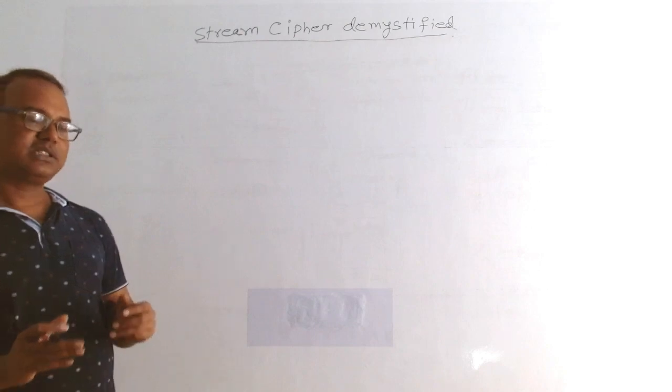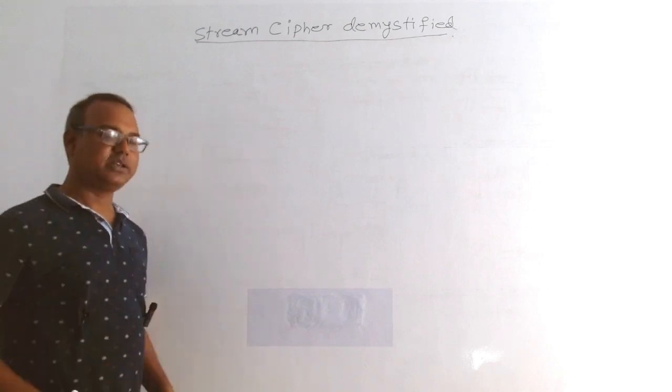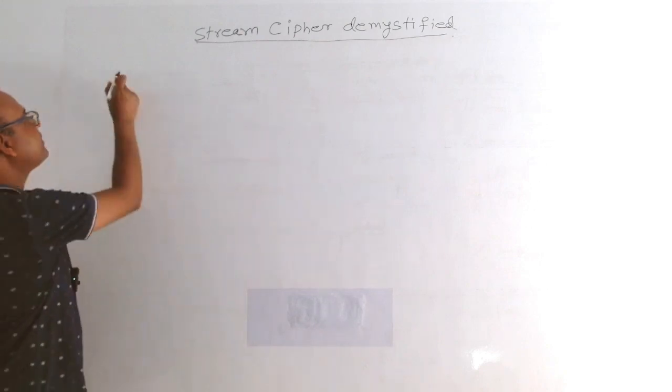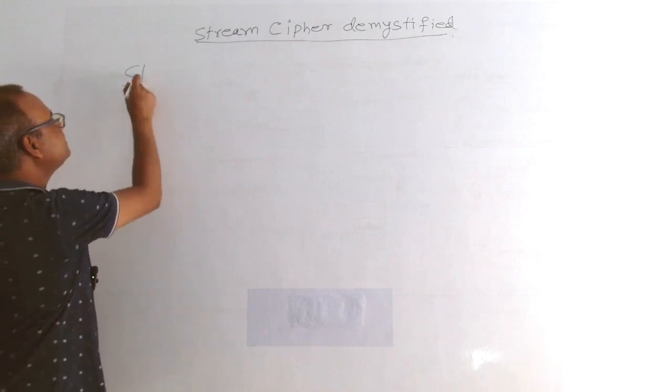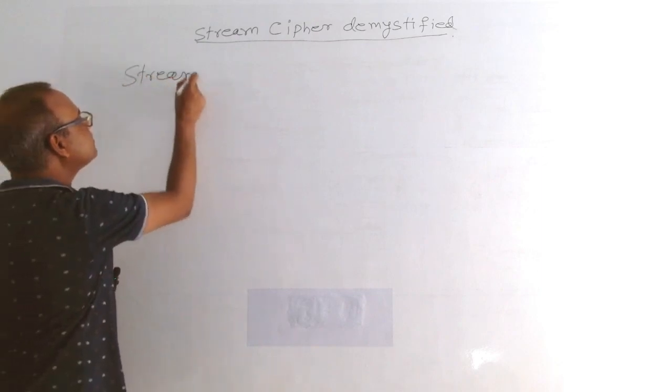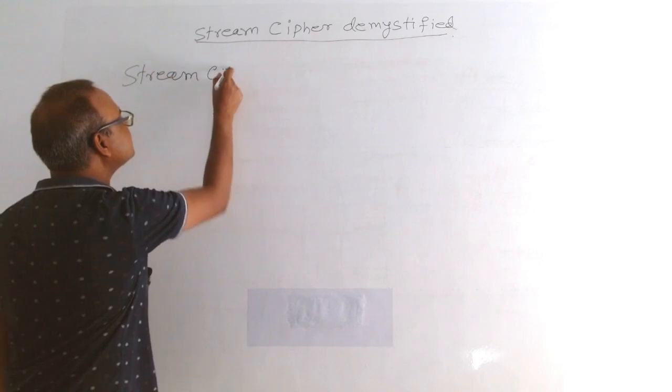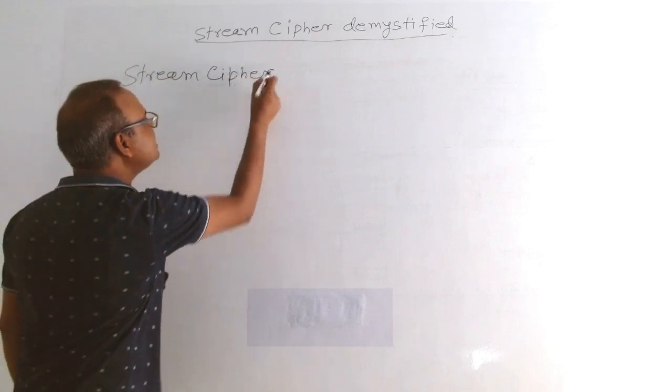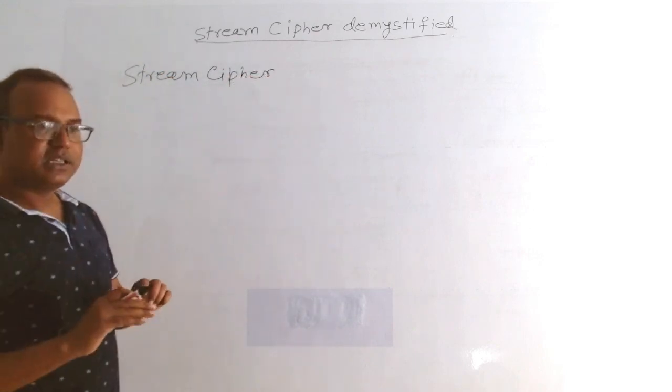So we are starting with the first one, stream cipher. What is stream cipher? Stream cipher is basically given a message.